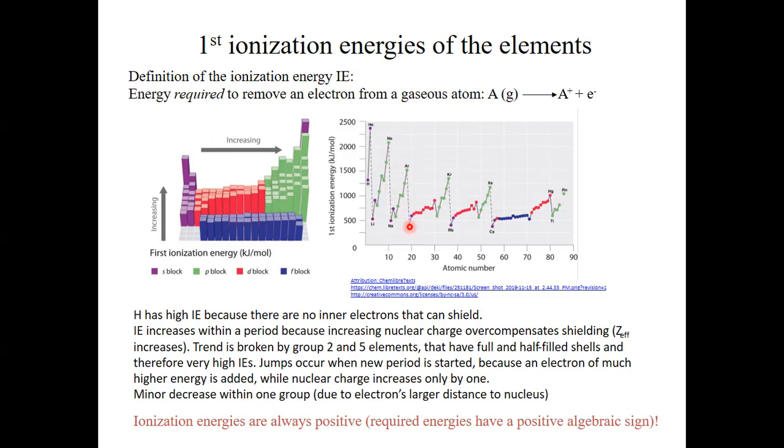Okay, so then there's a third trend, which is basically the addition of the first and the second trend, which is that generally as we go down a group, the ionization energy tends to decline.